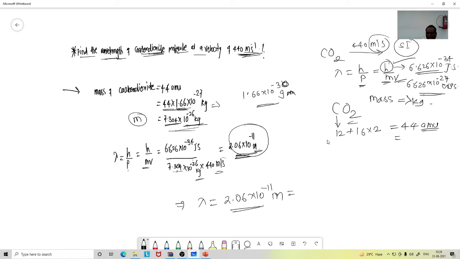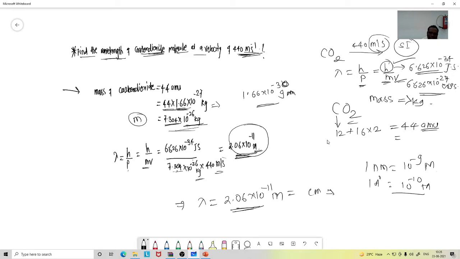This 2.06 into 10 raised to minus 11 meter can be converted into centimeter or angstrom or nanometer, etc. Now we know that 1 nanometer is equal to 10 raised to minus 9 meter, right? 1 angstrom is equal to 10 raised to minus 10 meter, right?